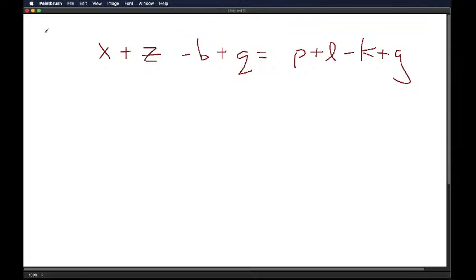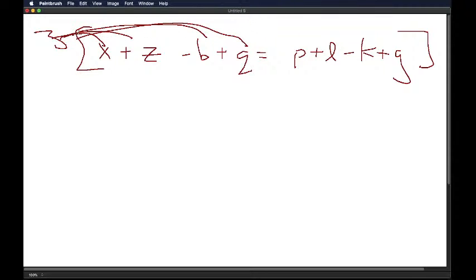So if I multiply everything by 3, right, I have to multiply him, him, him, him, him, him, him, and her.